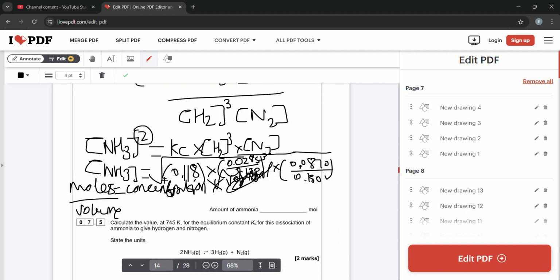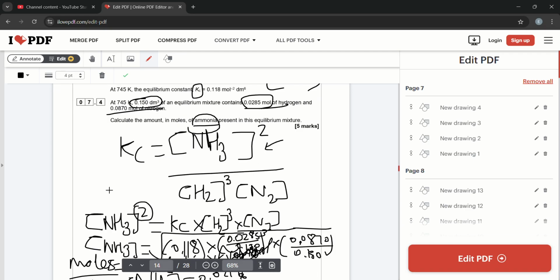So the concentration of NH3 equals 0.02166.